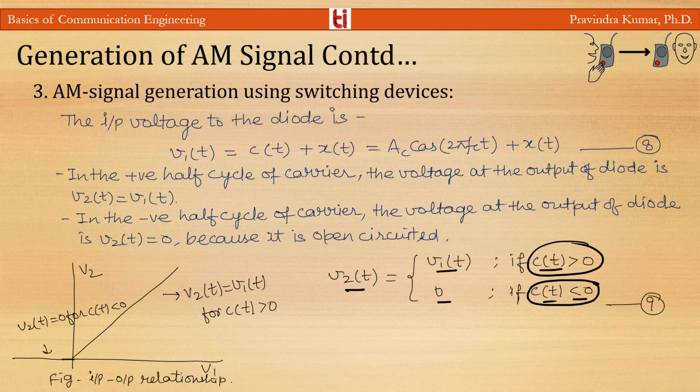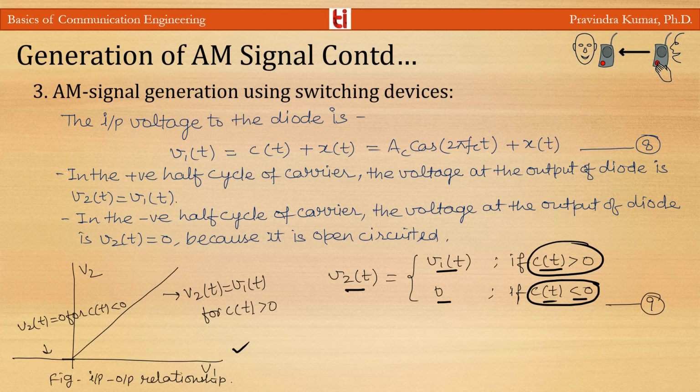This is the input-output relationship, or approximately the transfer characteristic, of the diode. And from this equation we can say that the load voltage v2(t) varies periodically between the values v1(t) and 0 at a rate equal to the carrier frequency.